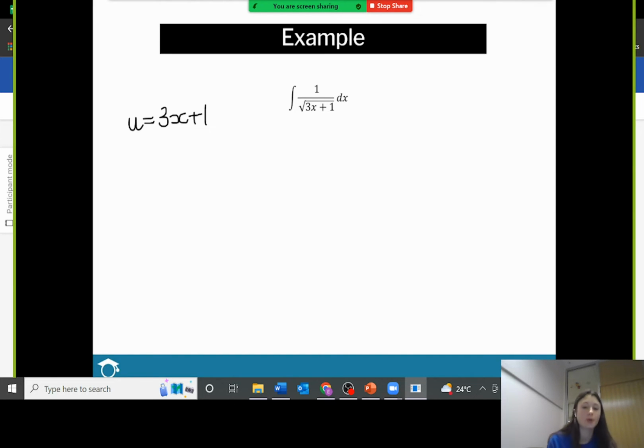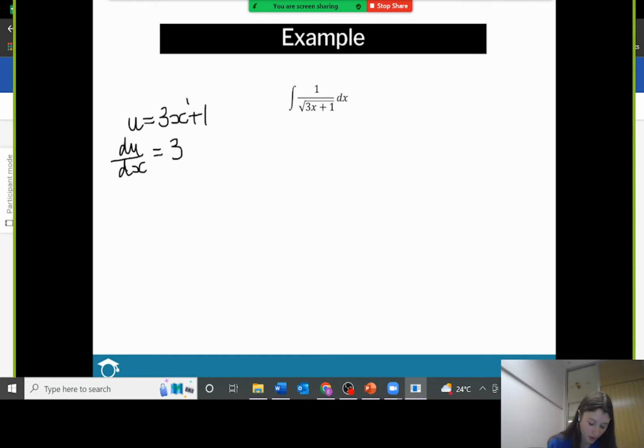Our next step was to derive u with respect to x, giving us du dx. Using the power rule, the derivative of 3x is just 3, because x here has a power of 1, so we'd go 1 times 3, and then the power of x is going to be 1 take 1, x to the power of 0 is 1.